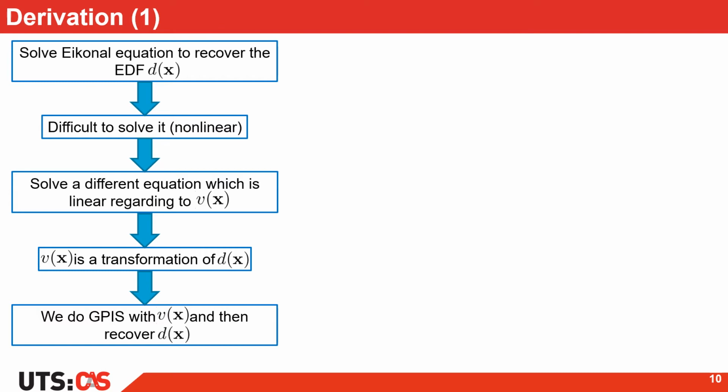As we mentioned before, we can solve the eikonal equation to recover the EDF, but it's difficult to solve directly because it's nonlinear. We can solve a different equation which is linear with respect to v(x), where v(x) is a transformation of d(x). After we solve the GP with v(x), we will recover d(x) at the end.